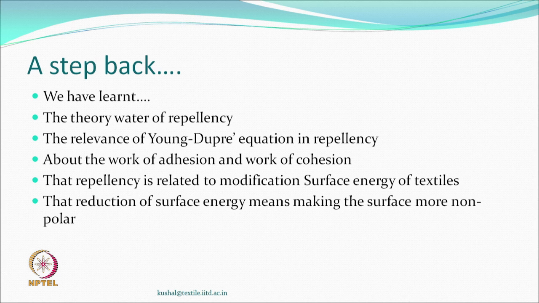We agreed that repellency is related to modification of surface energy of textiles, and that the reduction in surface energy generally means making the surfaces more non-polar. Okay? That is what we learned.